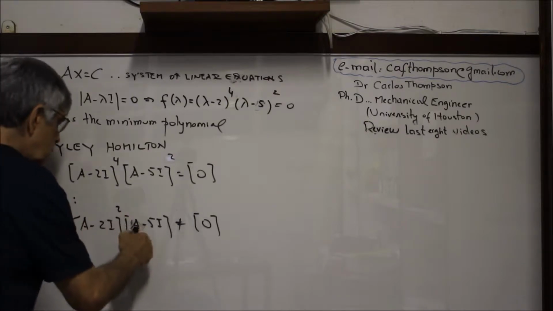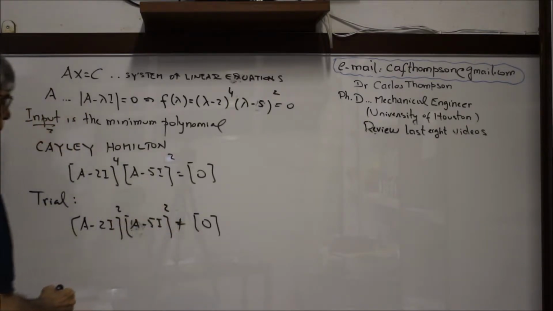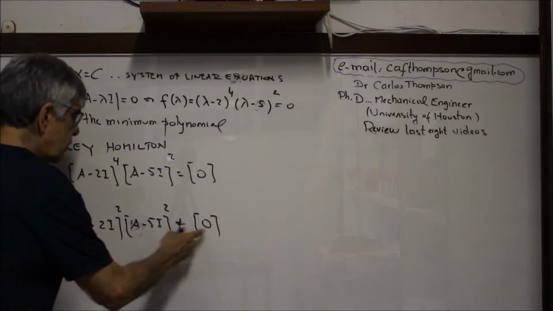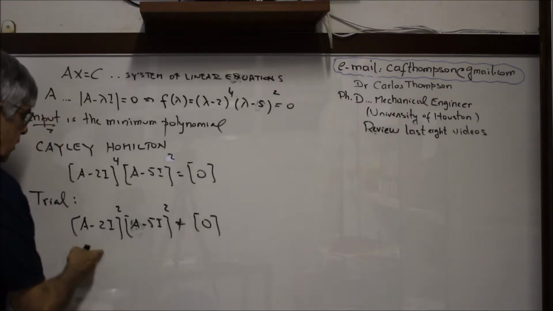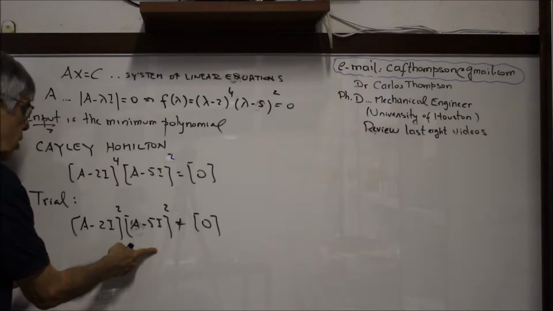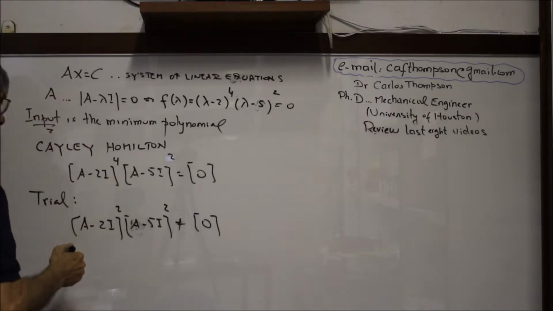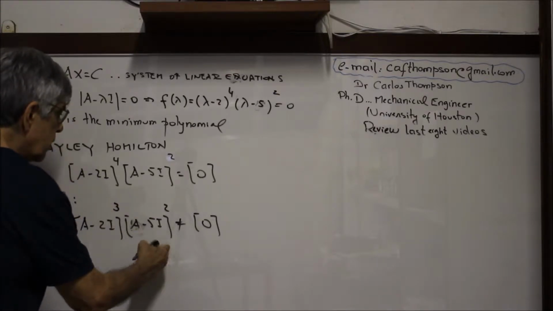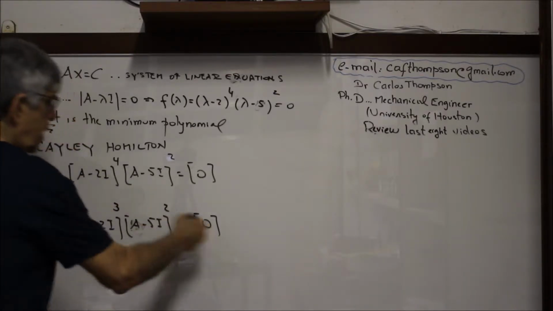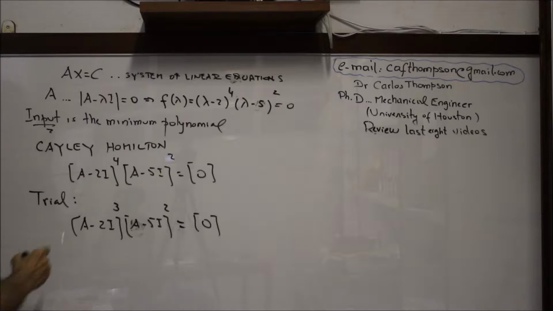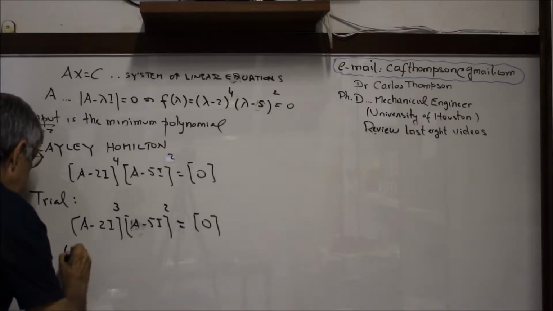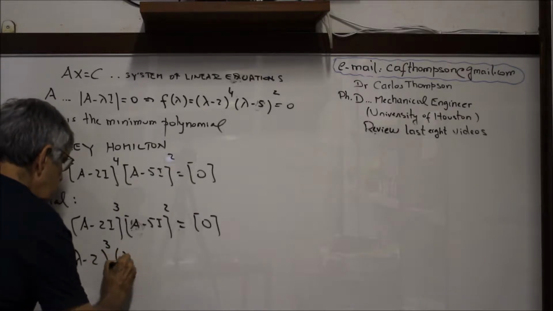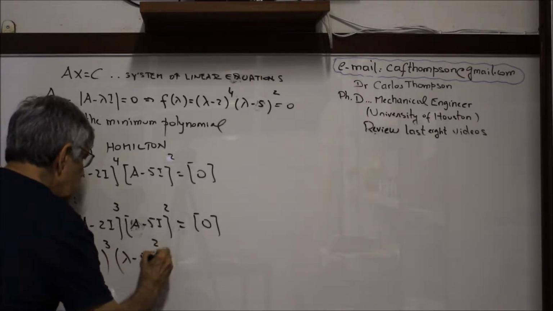Now let's put 2 here and 2 here. Suppose it is still different from 0. So this cannot be the minimum polynomial for this matrix A. Now I put 3 here and 2 here, and now it's 0. So the minimum polynomial will be lambda minus 2 to the power 3, lambda minus 5 to the power 2.